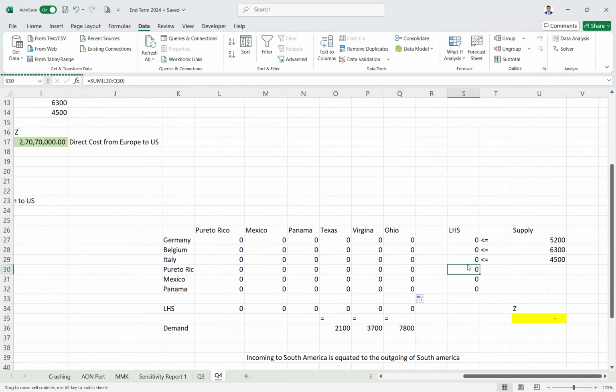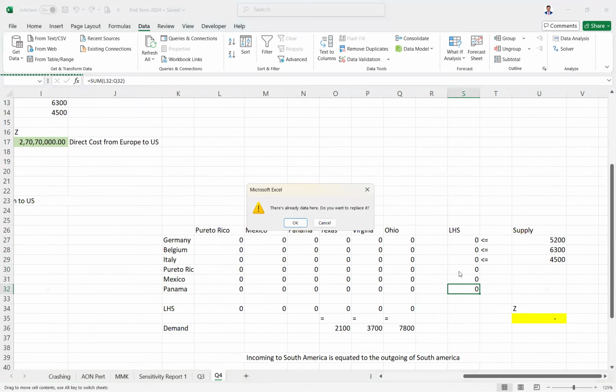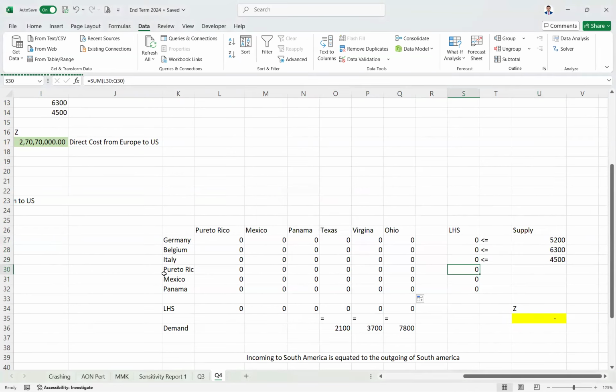Then for these ports, see, Puerto Rico is the source, right? Those goods which are entering into Puerto Rico should leave Puerto Rico. Means those incoming should be equal to the outgoing. Like I have explained in the video, those many goods which are entering Puerto Rico should leave Puerto Rico. Or you can also use the buffer concept here.